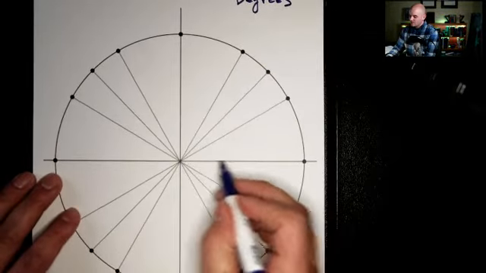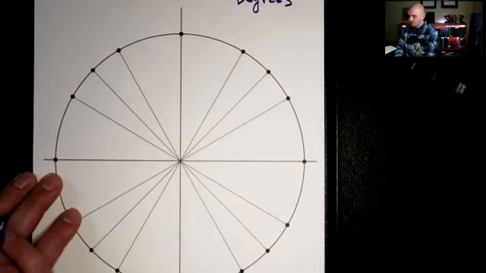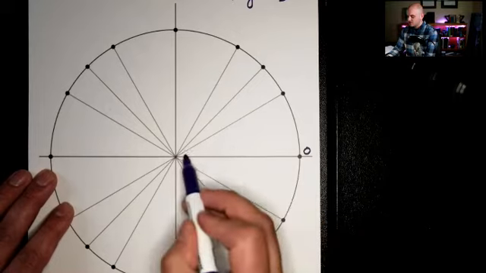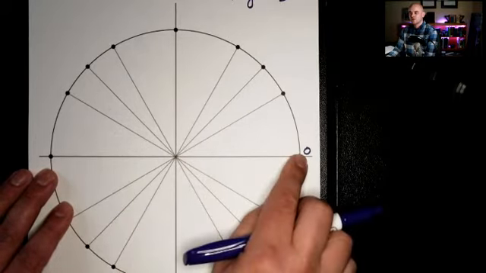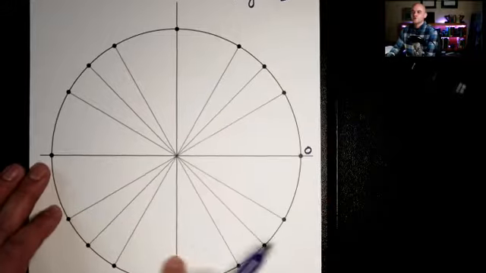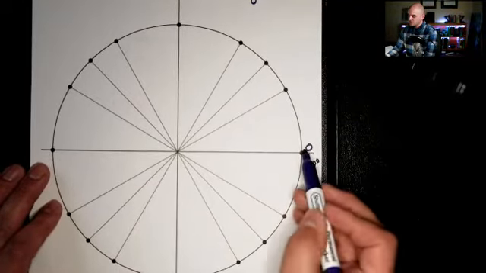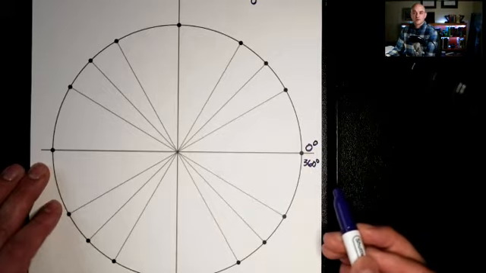So remember that we're talking about our angles in standard position. If you haven't seen that, go back and watch that video. This right here would be 0 degrees if I just drew a ray on this that didn't spin anywhere. 0 degrees is where we start off. Now if we go a full circle, that is 360 degrees. So 0 degrees and 360 degrees are coterminal angles.